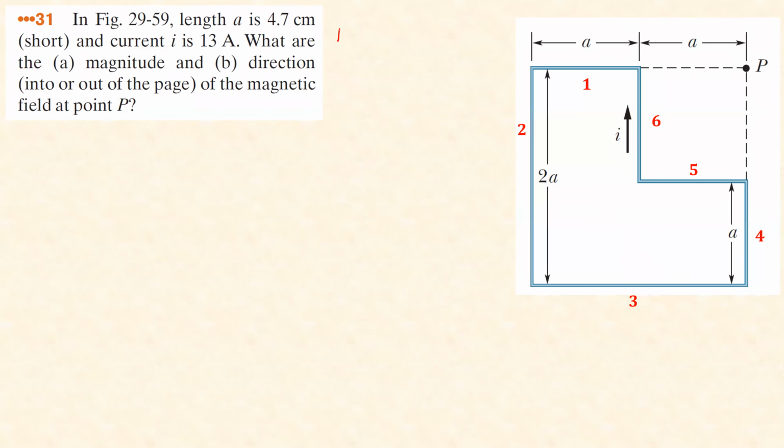We have B equal to mu naught I over 4 pi r times sine theta.